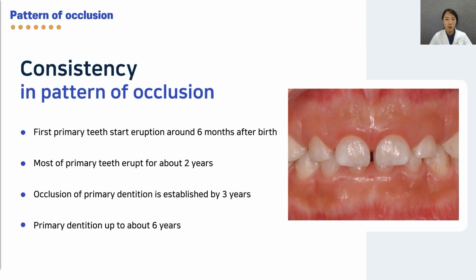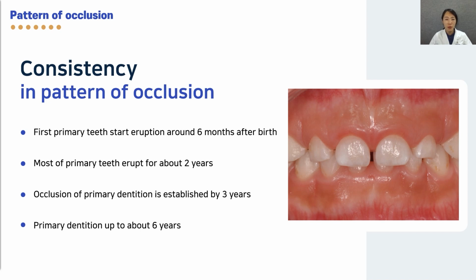The first primary teeth, usually mandibular primary central incisors, start eruption around 6 months of age, and most primary teeth appear by about 2 years. By 3 years of age, the occlusion of 20 primary teeth is usually completed.